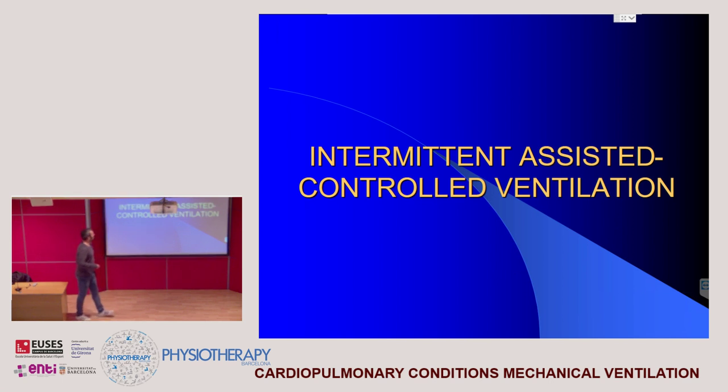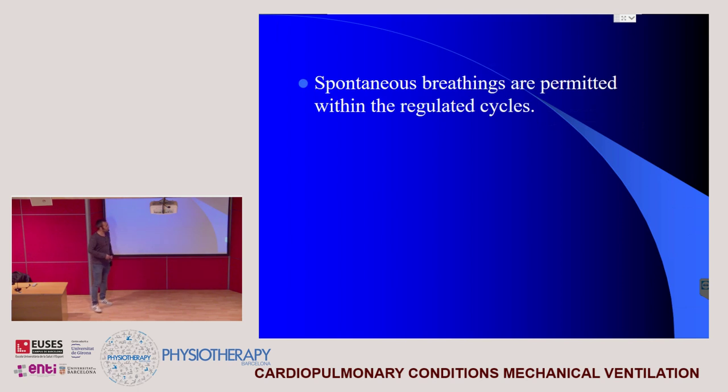Another system is intermittent mandatory, system-controlled ventilation. In that case, let's imagine that the patient is getting more and more awake, more and more active, so able to perform more important inspirations and expirations, but not sufficient to breathe normally or spontaneously.